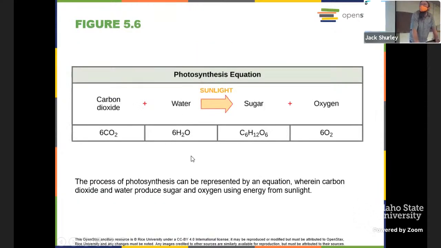And we'll go through this, kind of like the cellular respiration, some extra details as we move through here, all right? So this looks kind of like the opposite of cellular respiration, and it should, right? For photosynthesis, it takes carbon dioxides, it takes waters, and we make sugar and oxygen, right?